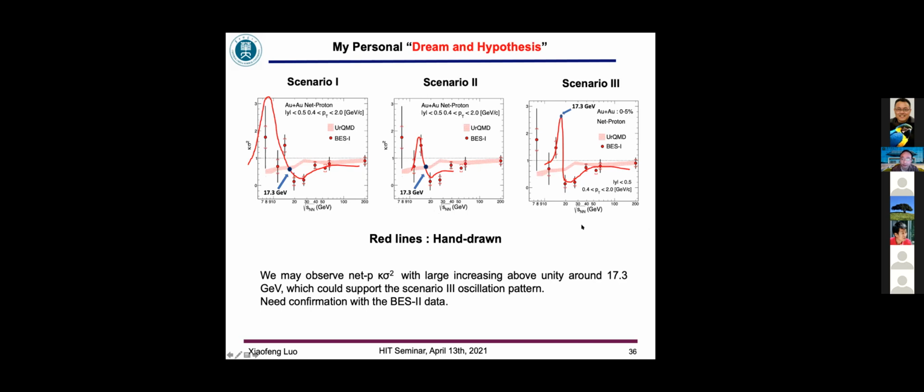For scenario 3, if we are lucky and nature is kind, we may see a large increase at 17.3 GeV due to a narrow critical region. When we just hit the critical region, it will show a large enhancement. This line is a hand drawing, and these are all hypotheses, just my personal take.